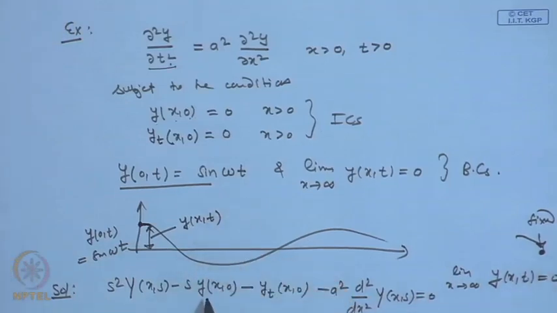So, what we see is y x 0 is 0 and y t is also 0. So, these two terms vanish, and then we have s square y x s and this term.